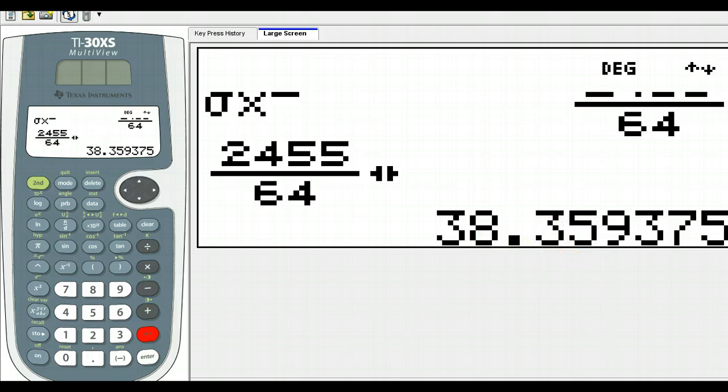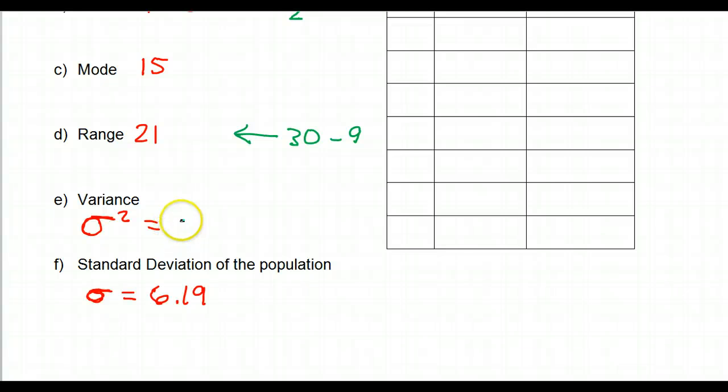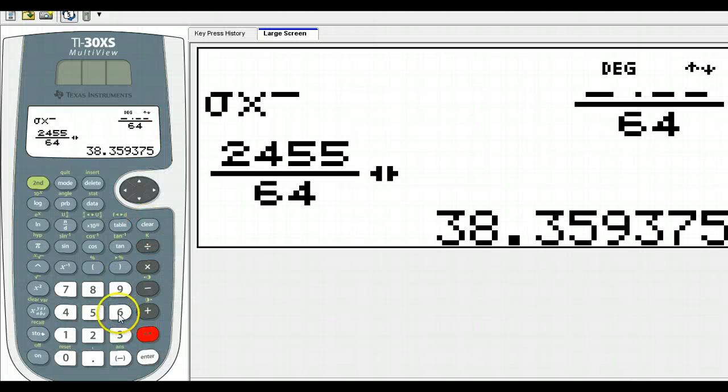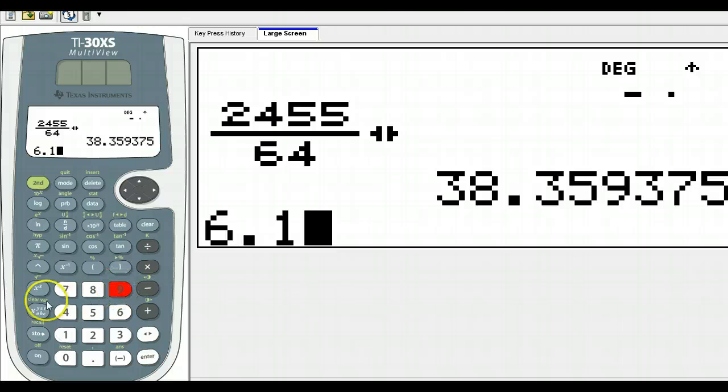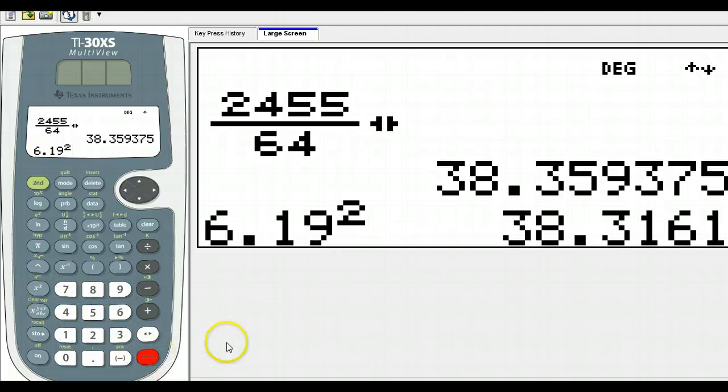So we are going to get 38.36. Okay, so that is the variance, 38.36. Now I'm curious, if I were to square 6.19, will that give me the exact same thing? So let's try that. 6.19 squared. All right, I'm getting 38.32. So I'm a few hundredths off.